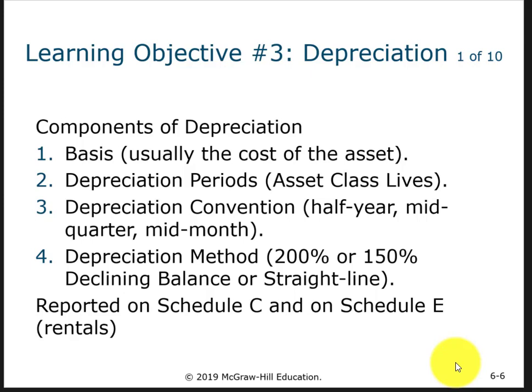So when we say basis, we mean the part of the asset we paid for that is business use. Where that can get really messy is if that business use changes year to year. If your business use is the same through the whole time you have the asset, it's relatively straightforward. But if that changes, then you have to rethink your calculations, and that can be a little messy.